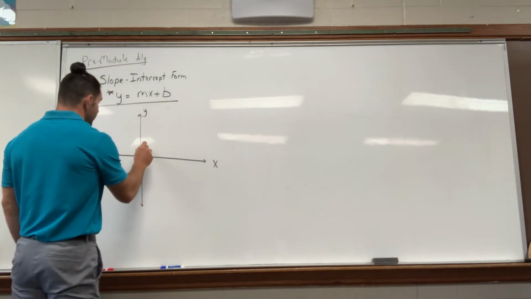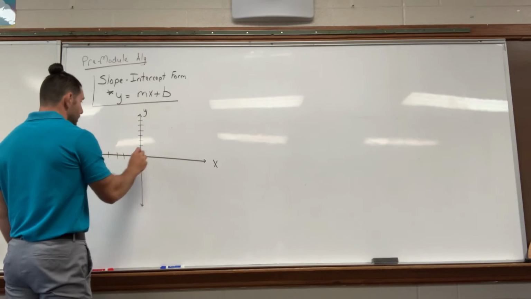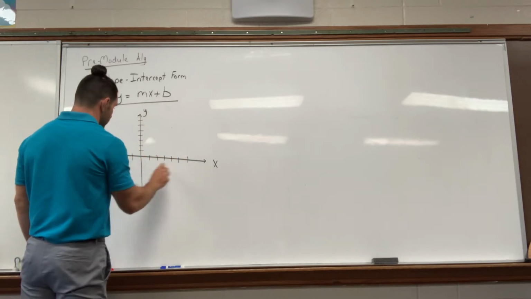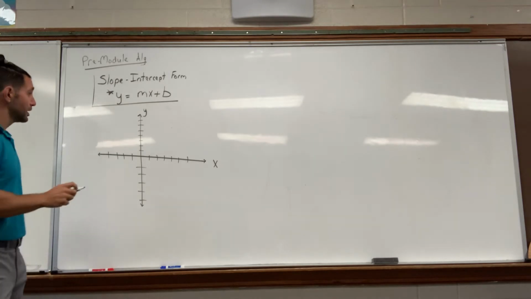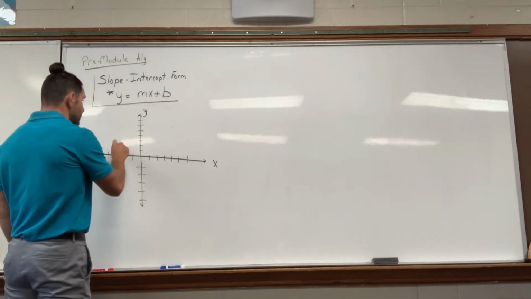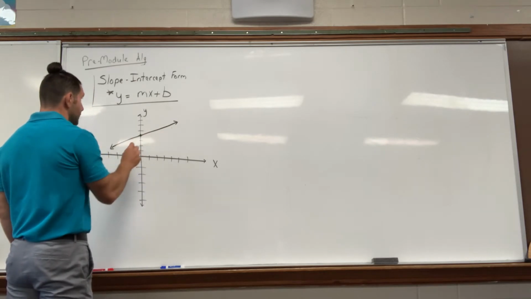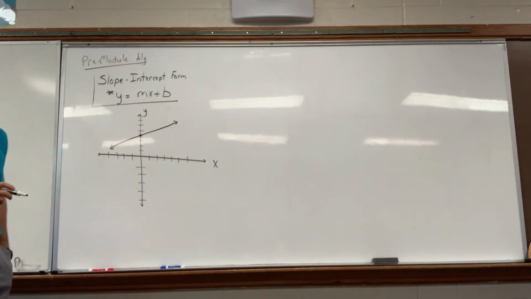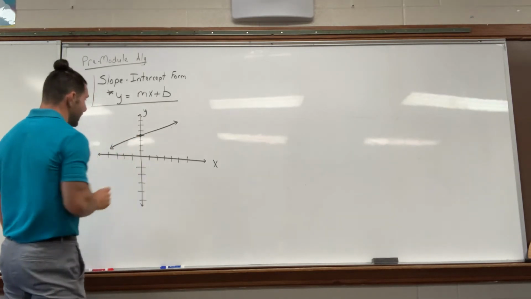So the key for slope intercept form is knowing that the intercept portion is all about where it crosses the y-axis. Okay? So slope intercept form is crucial to knowing where it crosses the y-axis.